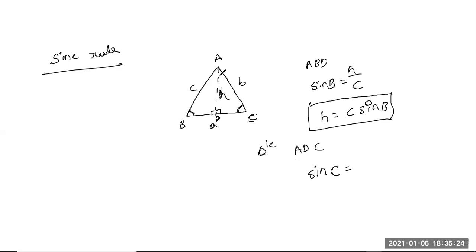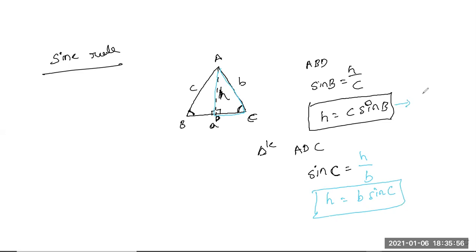This is a right angle triangle. So you can write h is equal to b sine c.